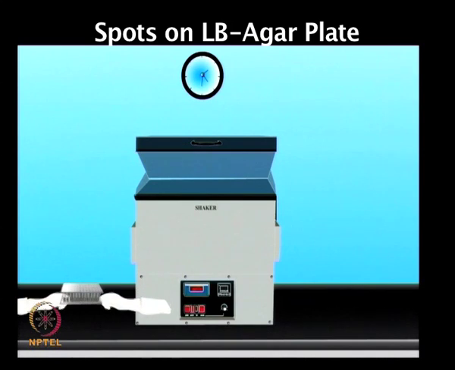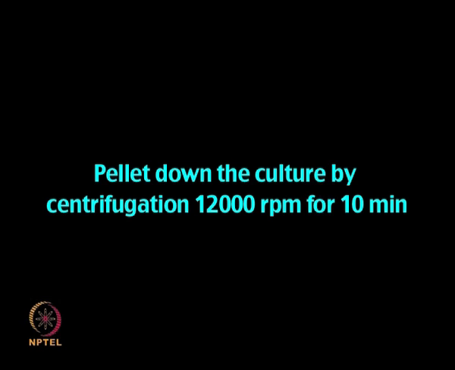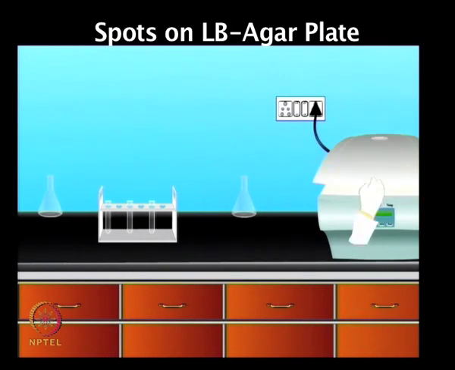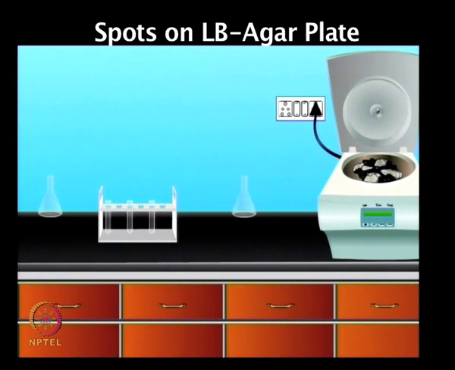After these blocks have completely grown the bacteria, for the overnight or 10 to 12 hours of incubation, then we need to pellet down these blocks. You can centrifuge these blocks for 15 minutes at 2000 to 2500 rpm. While doing centrifugation, ensure that the centrifuge is balanced.